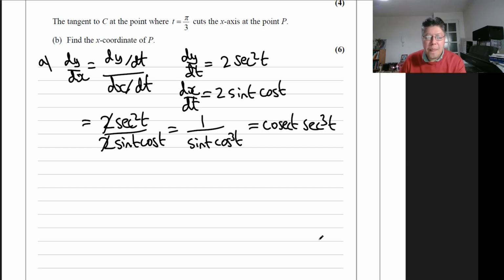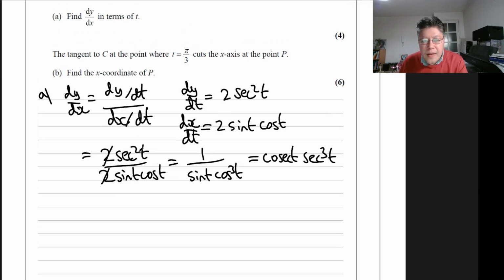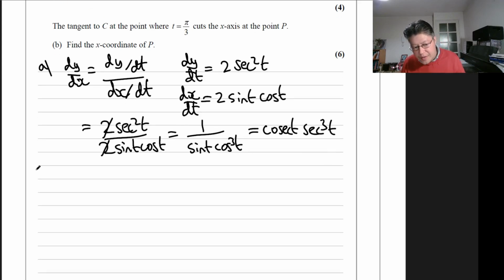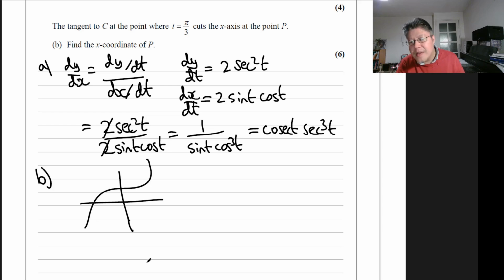So part B, we're told that there's a tangent to the curve at the point where t is pi over 3. And let's just draw that. It's not important what this really looks like, so I'm just going to draw a random curve like this.